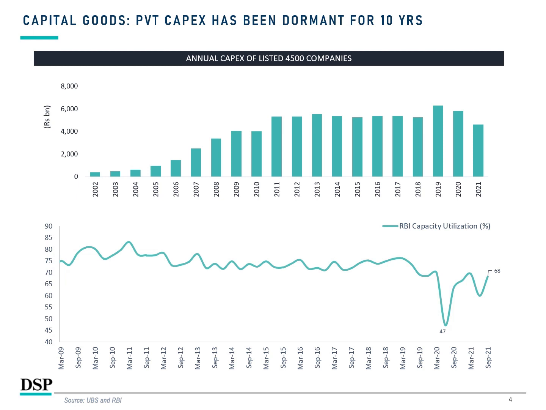In this slide, the first chart indicates annual capex spending by 4,500 listed corporates. The second engine of growth for the capital cycle is private capex, and this chart clearly indicates that over a decade, Indian corporate capex has stayed flat, while profits and revenues have risen significantly for the corporates.